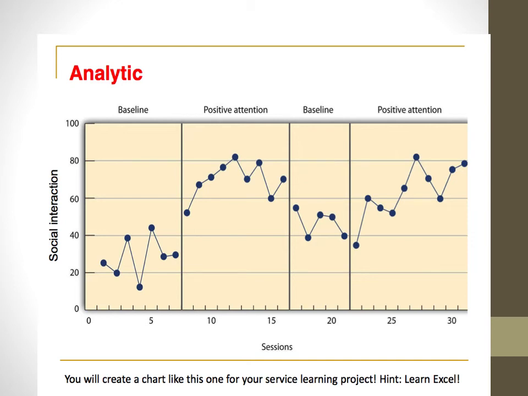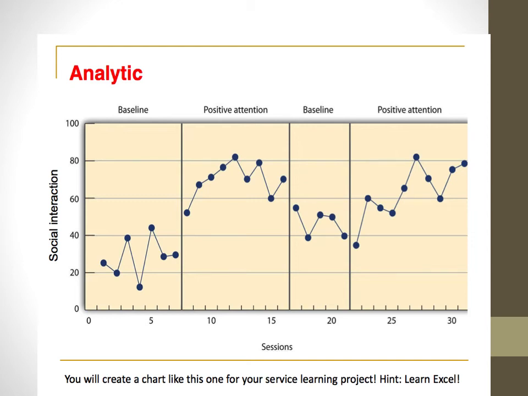And then she went back to the baseline phase and had 1, 2, 3, 4, 5 baseline sessions again. When she withdrew the intervention, the behavior decreased, right? And then when she reintroduced the intervention, the behavior gradually increased.